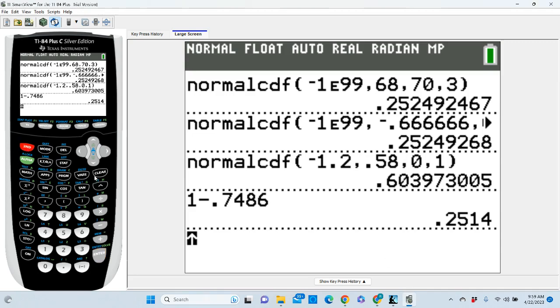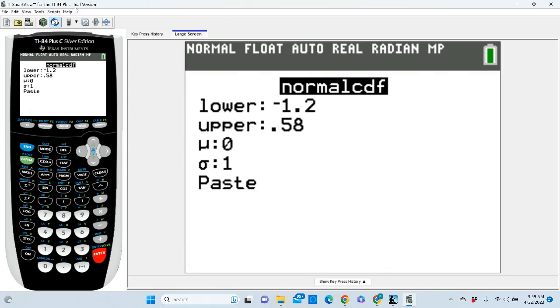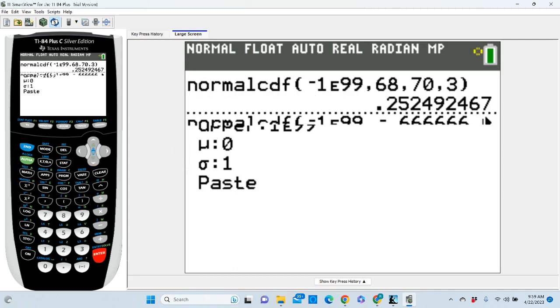So we can do that real quick. We can go back to second distribution, NormalCDF. And I'm going to make my lower boundary 0.67. I'm going to make my upper boundary 1, and then your E button is right here above the comma, 99. Since I'm speaking in terms of z-scores, I'm going to leave the mean as 0 and the standard deviation as 1.